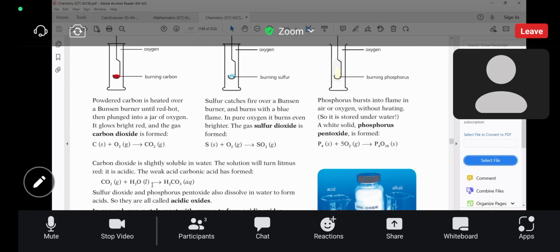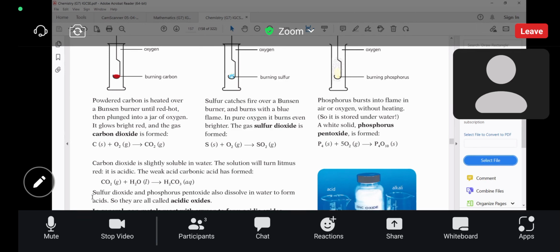What will happen? H2CO3. This H2 comes here, this C comes here, and here 2 oxygen, here 1 oxygen, totally O3. So this is called carbonic acid. So CO2 gas and H2O liquid produce carbonic acid, H2CO3. This is used in sodas and soft drinks under high pressure.